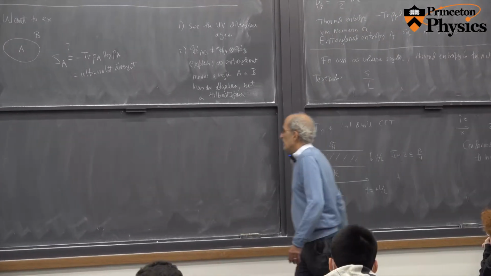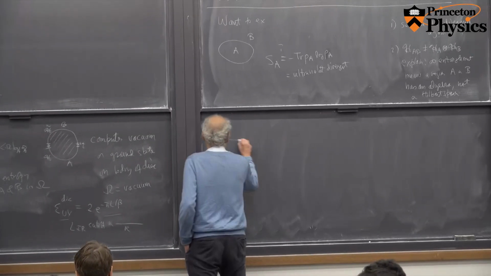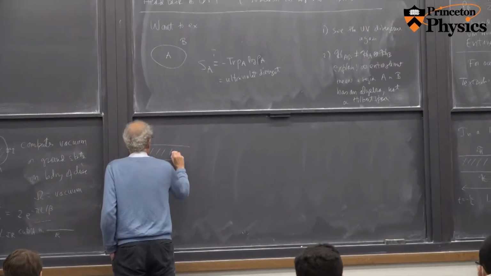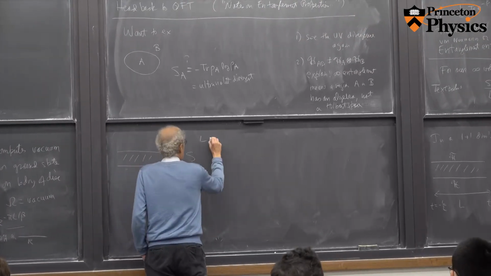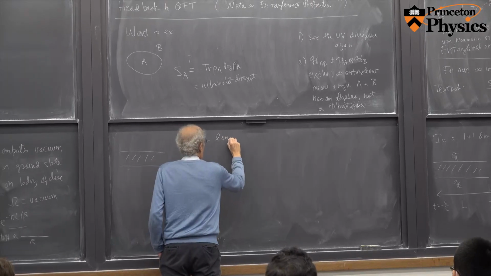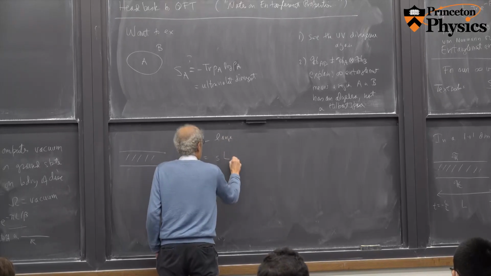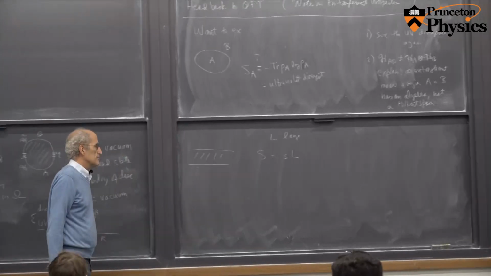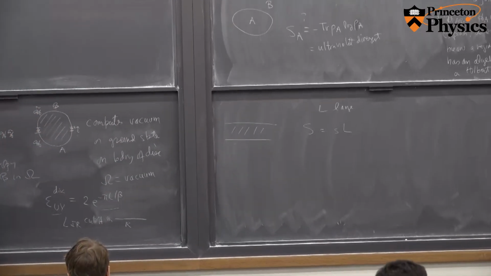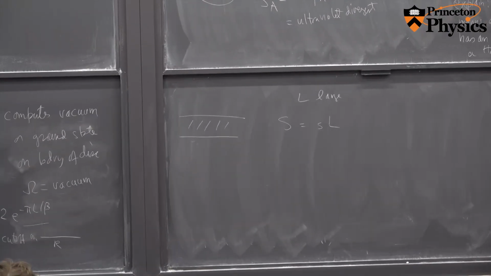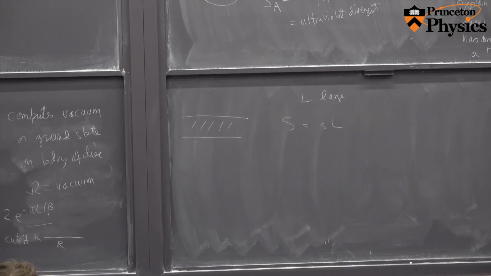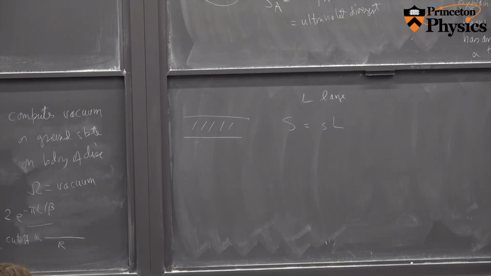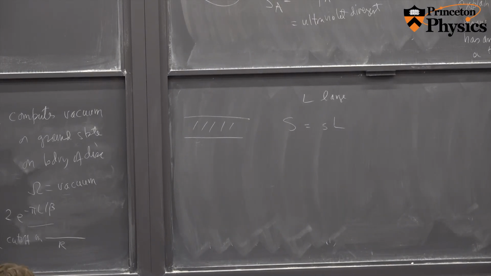So in the picture on the strip, the entropy for large L is a constant little s times the length, where s is the entropy per unit length, which is the natural thing that you learn to compute when you do statistical mechanics.